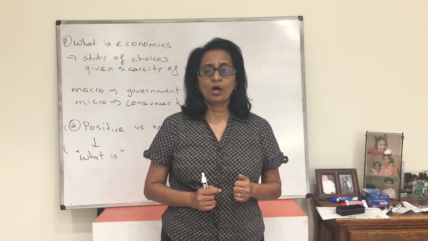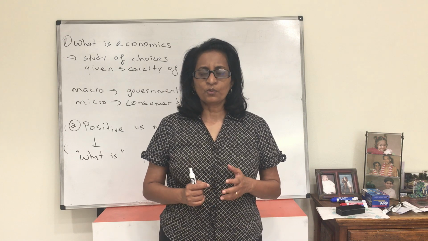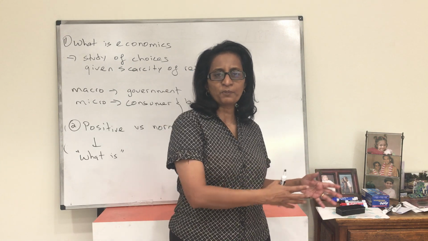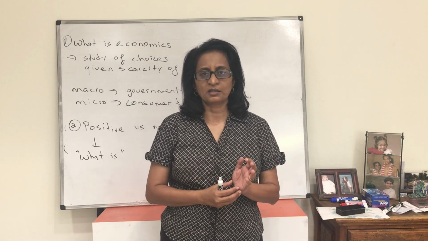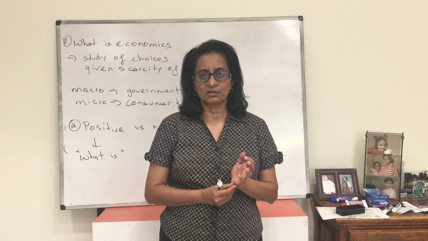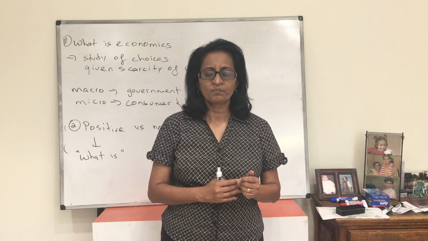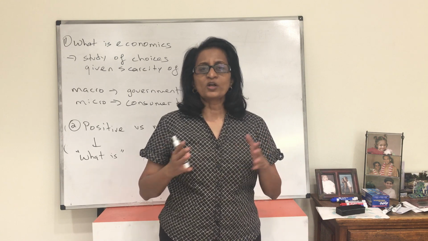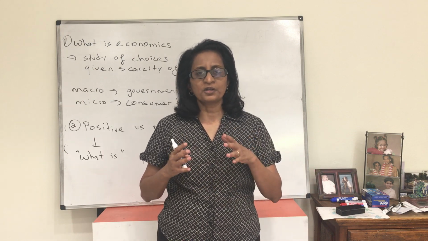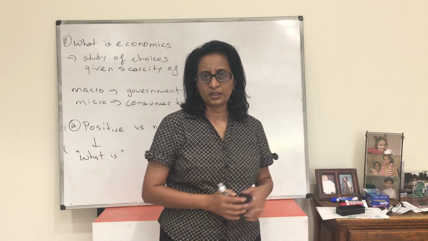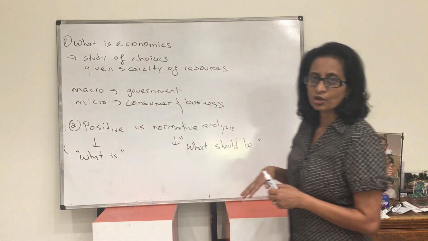That's a positive analysis. And then you say, well, the unemployment rate should be at full employment, and let's say the full employment rate is 4%. You will study that in macro. So that is what should be. What should be is normative, and we want to figure out policies that go from what is to what should be, and that is positive versus normative analysis.